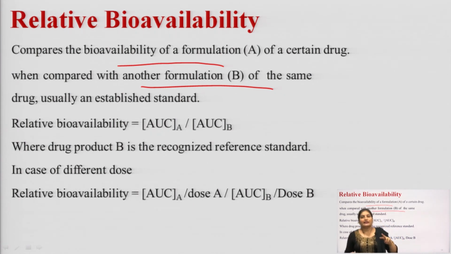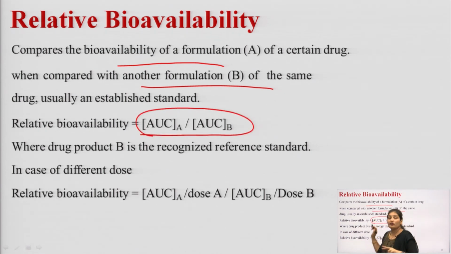So, relative bioavailability we can calculate by the area under curve of A formulation divided by the area under curve of B formulation. In this case, the drug product B is a recognized reference standard, means A formulation is getting compared with the reference standard formulation.